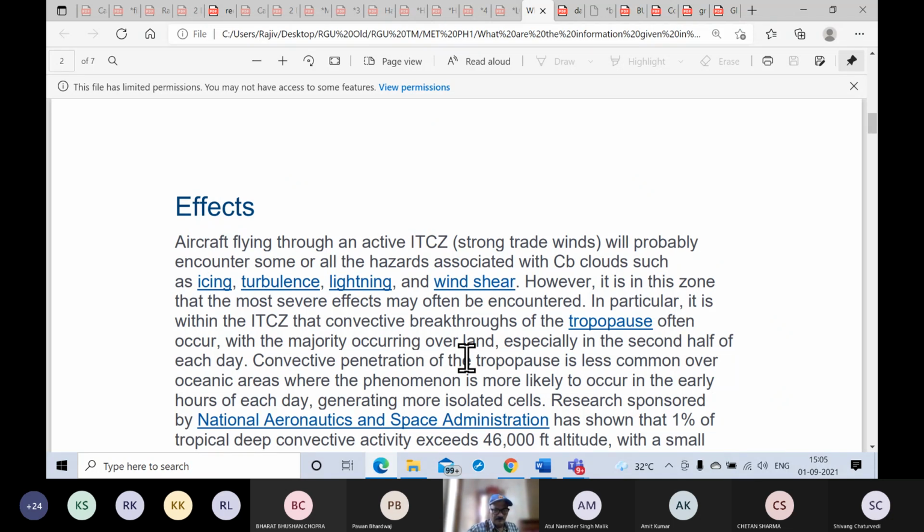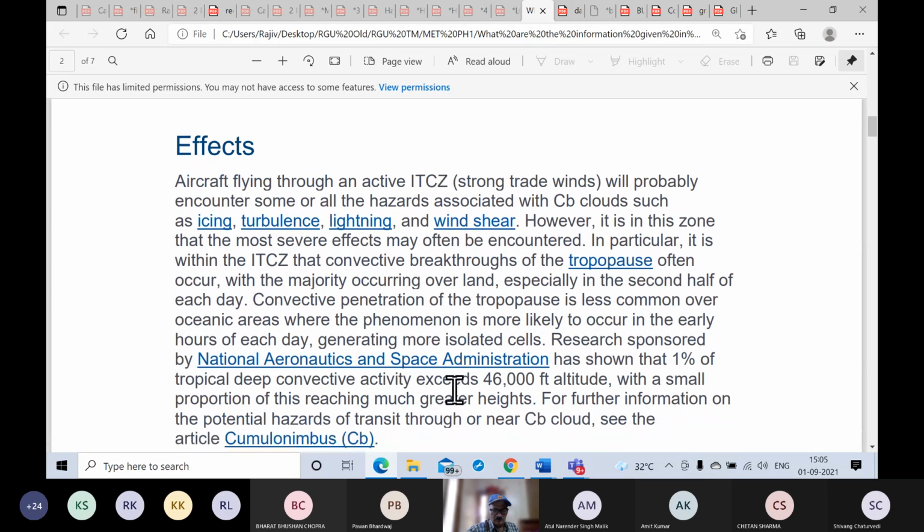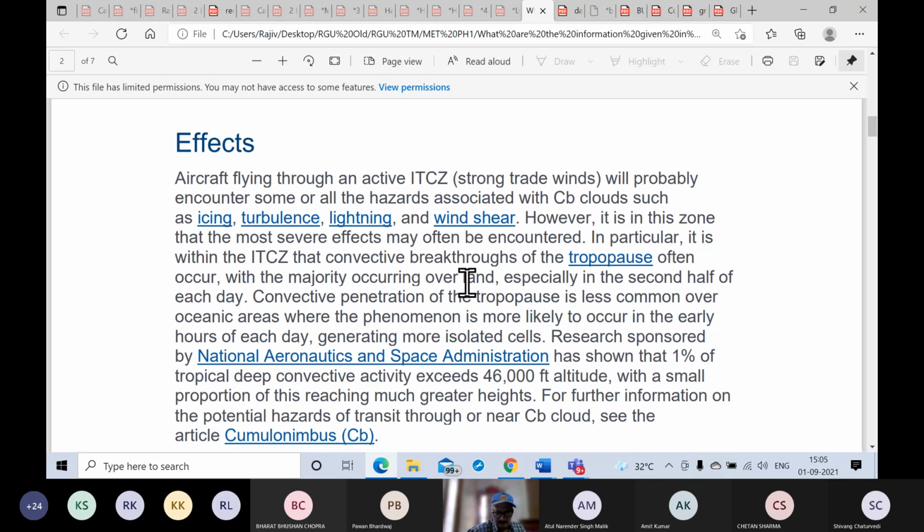So, trade winds do play a part even in airspace. Cumulonimbus, rain bearing, so it will have an impact. These clouds are present in the ITCZ and can result in icing, turbulence, lightning, and wind shear.